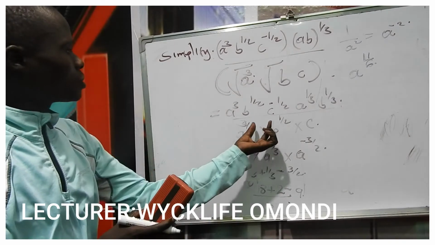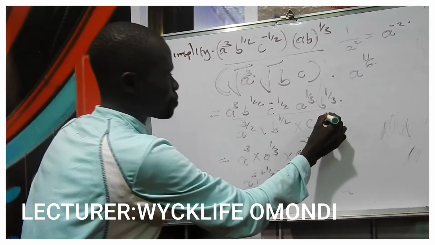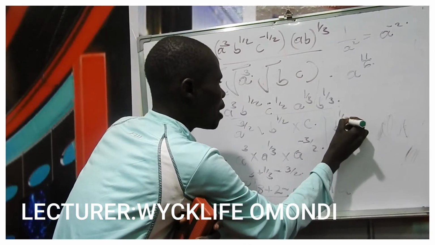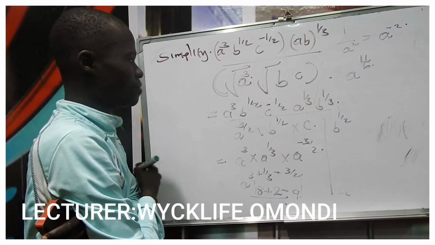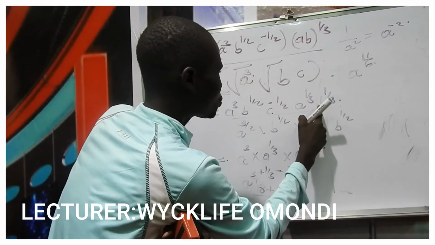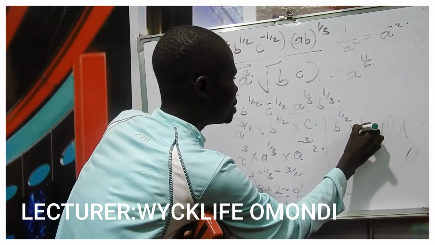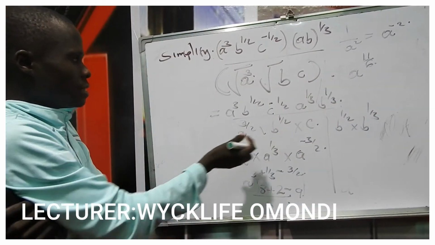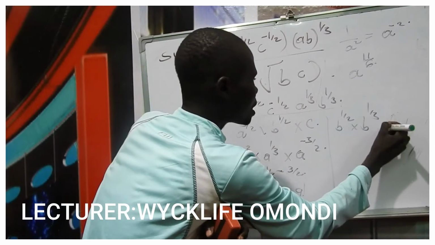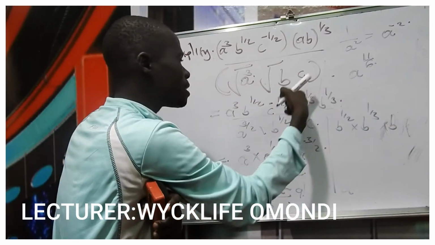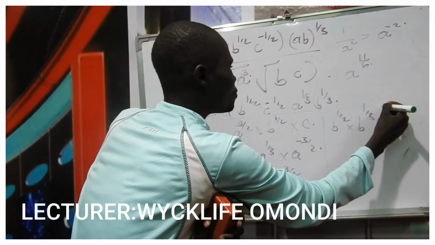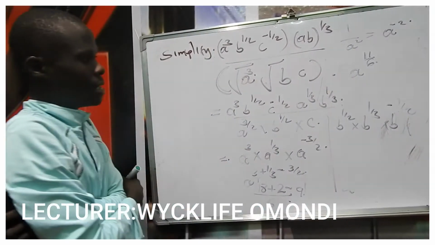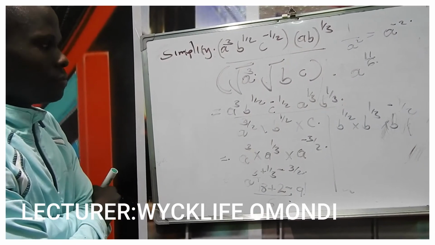Now, let's come back to b. In b, we have b raised to half and also times b raised to a third. The denominator is also times b, but when we take it up, we'll have its reciprocal, which is b raised to negative half.